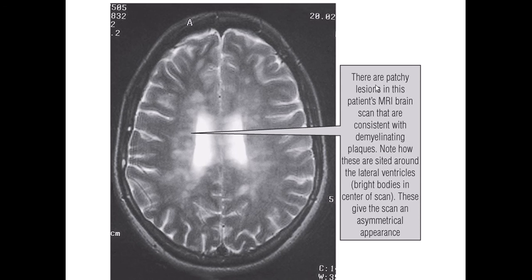There are patchy lesions you see in this patient's MRI brain scan that are consistent with demyelination, because of the loss of the myelin that protects the brain, forming patches. Note how these are sited around the lateral ventricle, as you can see here.